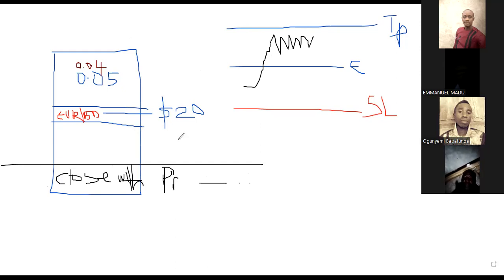At the bottom, you see that lot size you have modified to. It will now show you what it will do. It will now close in probably $16.